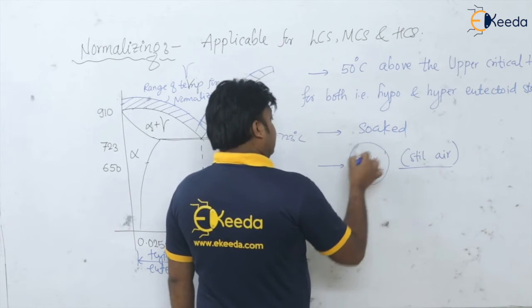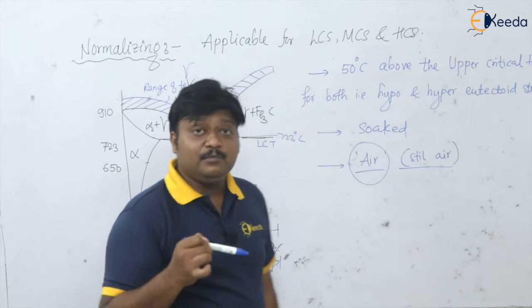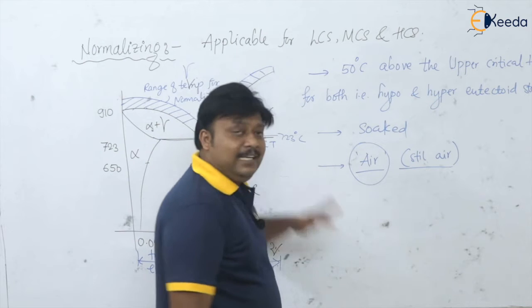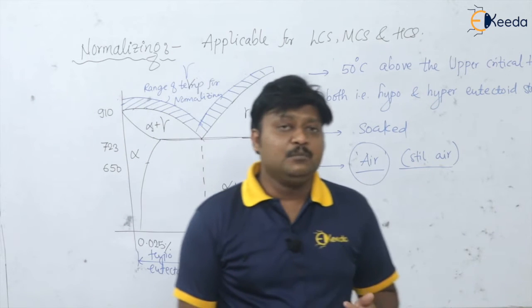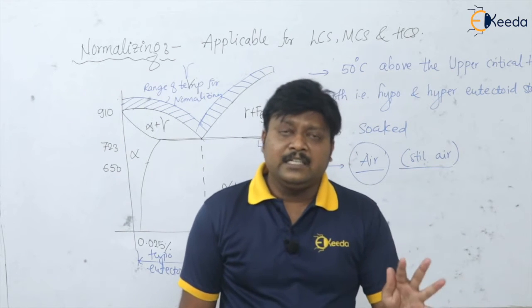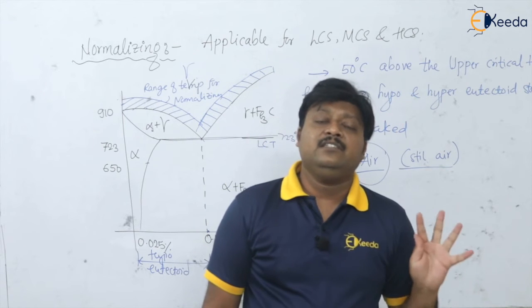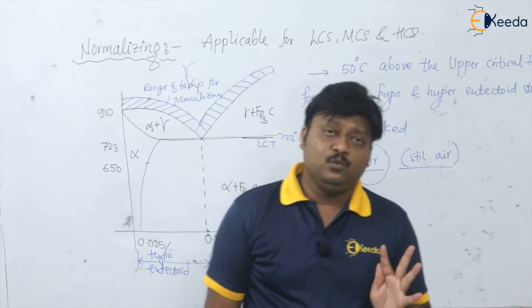So that is the basic difference between annealing and normalizing, dear students. Please remember, in annealing we are cooling the specimen in the furnace itself, but here we are taking it out of the furnace and keeping it in still air to get cooled.